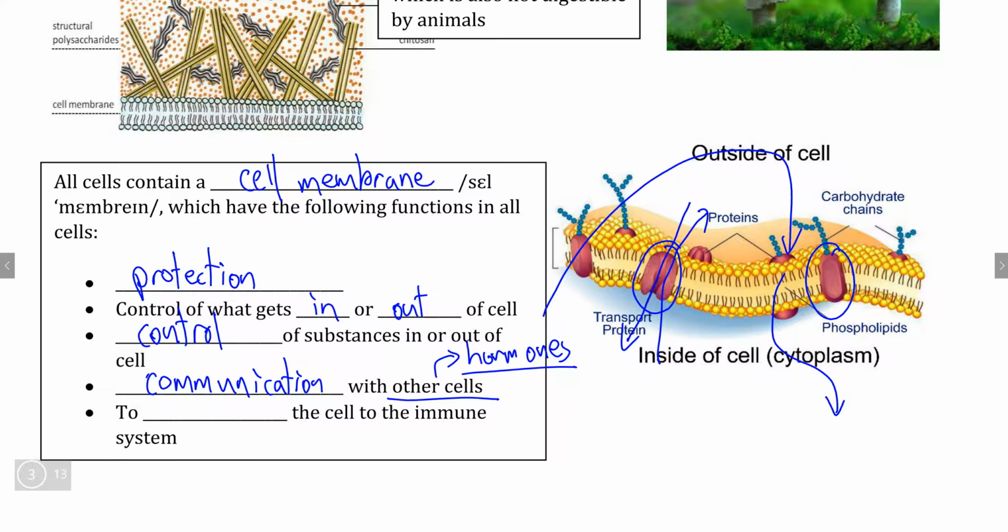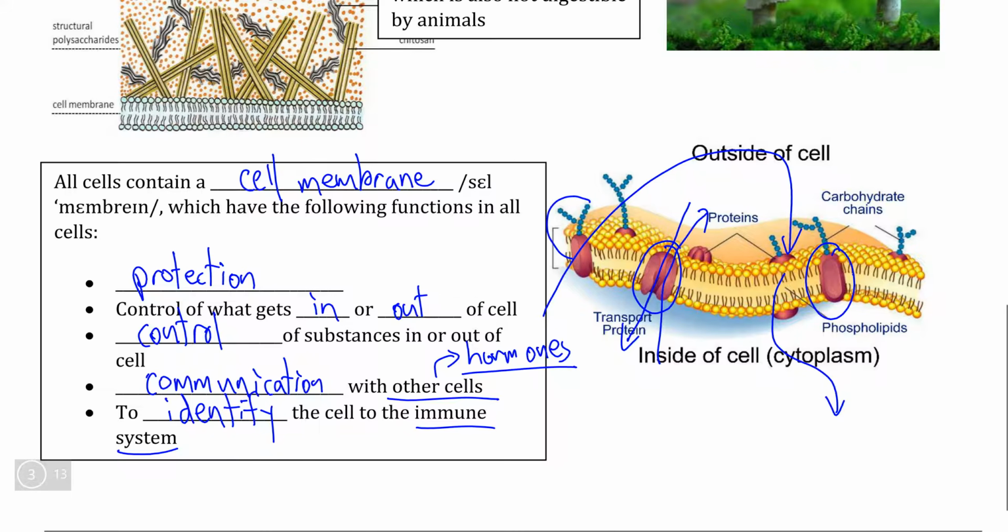But one of the other most important functions of the cell membrane is a form of identification. You can think of the cell membrane as like your driver's license or your passport if you're ever pulled over by police. Now, your immune system needs to be able to identify that your cells belong to you and that they are not dangerous foreign cells such as bacteria that exist to make you sick.